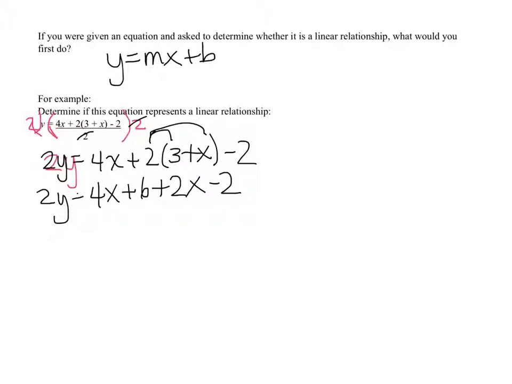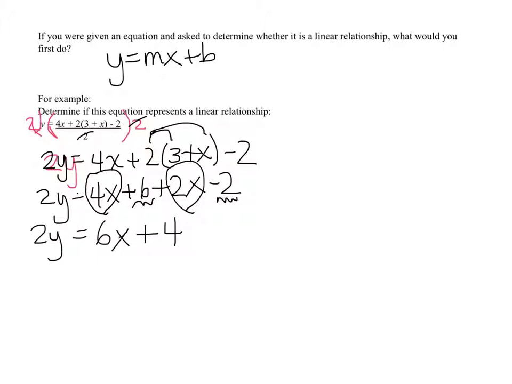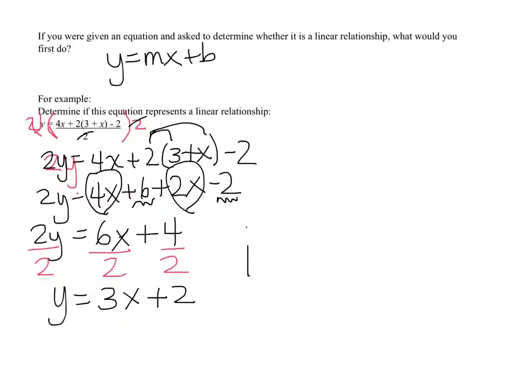Now we want to combine like terms. So we have this and we have this, which will give me 6x, and then this 6 and a minus 2 will give me plus 4, and I still have my 2y over here. Now to get y by itself, the last thing I need to do is divide every single term by 2, and I end up with y is equal to 3x plus 2. So you can determine from here that this is linear.